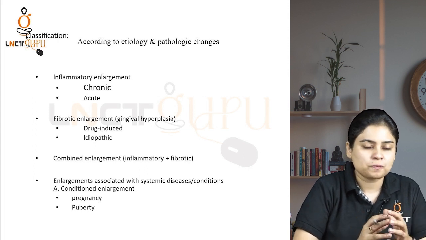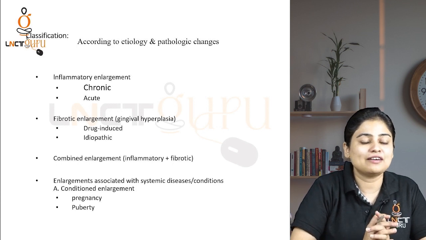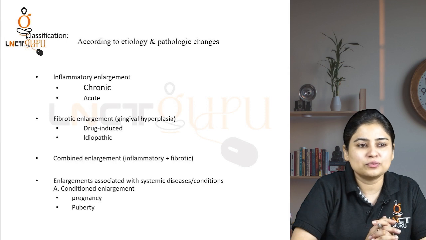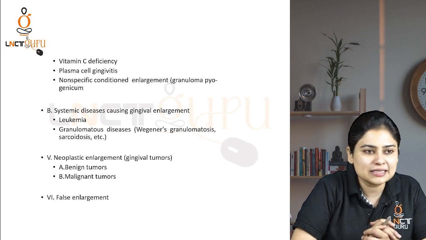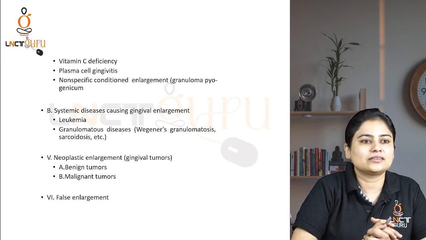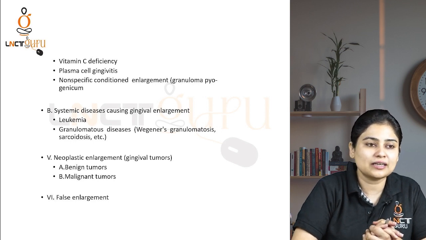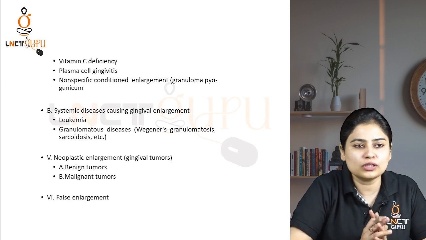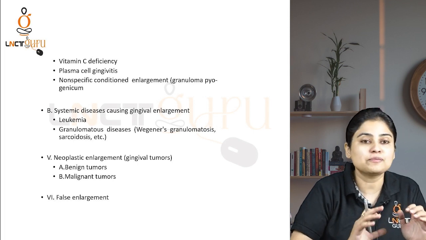We have divided them into certain categories: inflammatory enlargement, fibrotic enlargement, combined enlargement, enlargements associated with various systemic diseases, systemic diseases themselves causing enlargement, neoplastic enlargement, and false enlargement. So this whole lecture is about the types of enlargement.